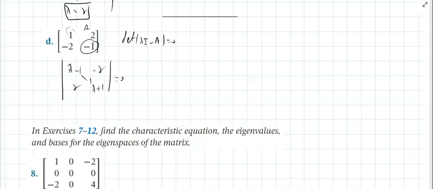That would be lambda minus 1 times lambda plus 1 minus and plus 4 equals 0. That is lambda squared minus 1 plus 4 equal to 0. So that's lambda squared plus 3 equal to 0. And that would mean we have no real eigenvalue.